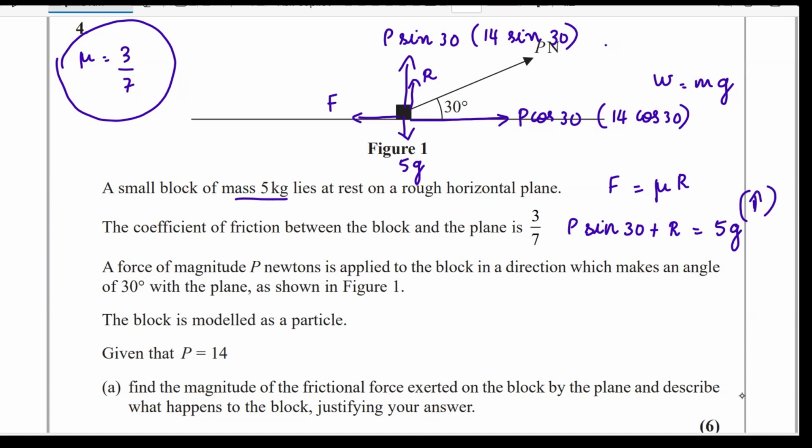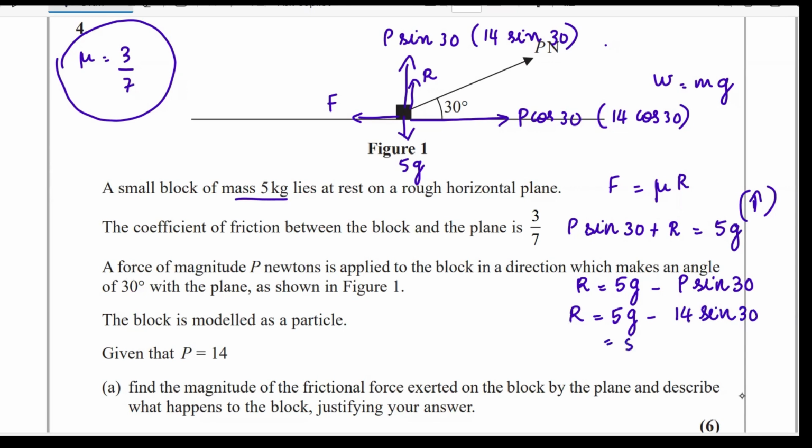The G value we can always take as 9.8. Now we need to find the value for R. So R is equal to, taking P sin 30 to the other side, 5G minus P sin 30. The value of P is given in the question as 14, so R will be 5G minus 14 sin 30.